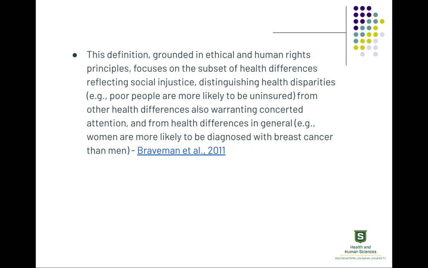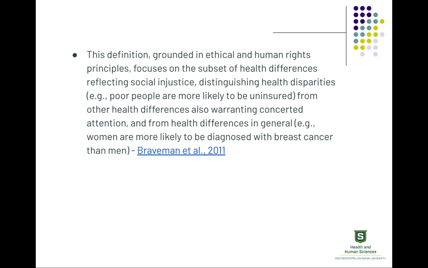Those are the kind of disparities that come as a result of ethical or human rights issues.